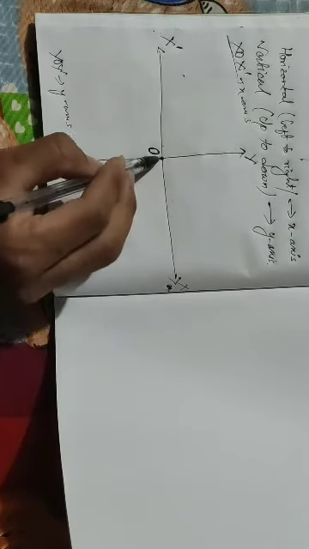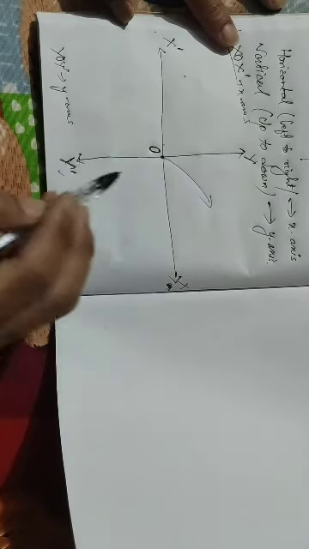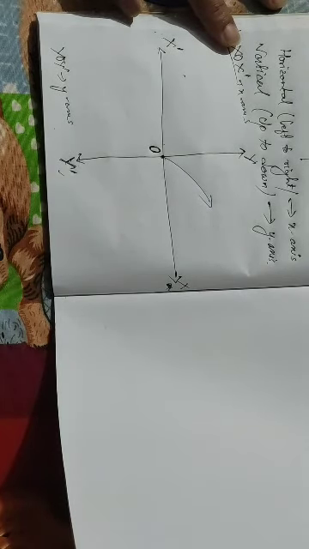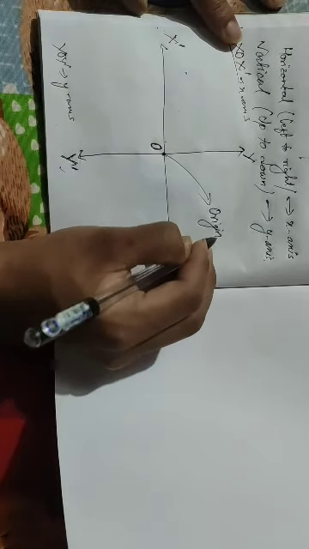That means the value of x here is 0 and the value of y here is also 0. So this point where the two axes meet, listen to me carefully, these are very important concepts. This point where the two axes meet is called the origin. What is it called? Origin. So this one is the origin.